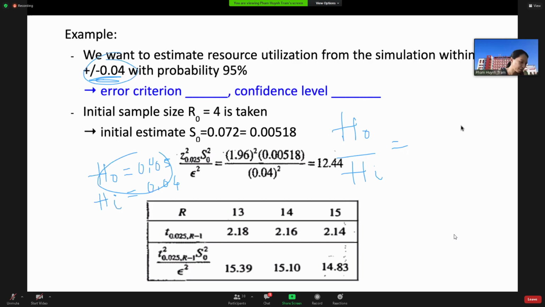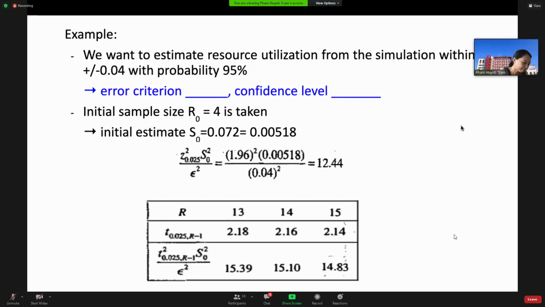Let me put it on the screen. In the real system, the waiting time is about 45 minutes.